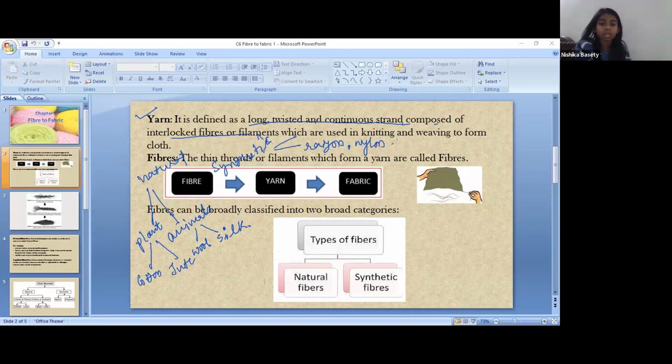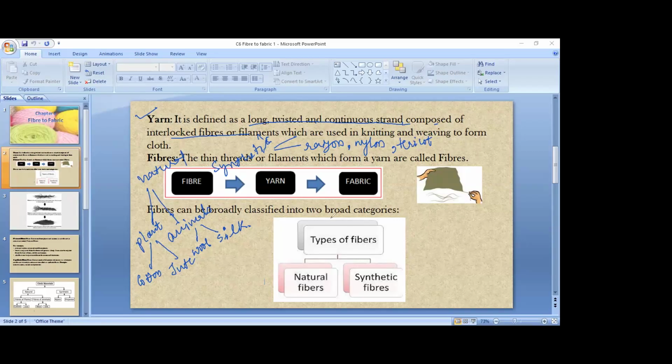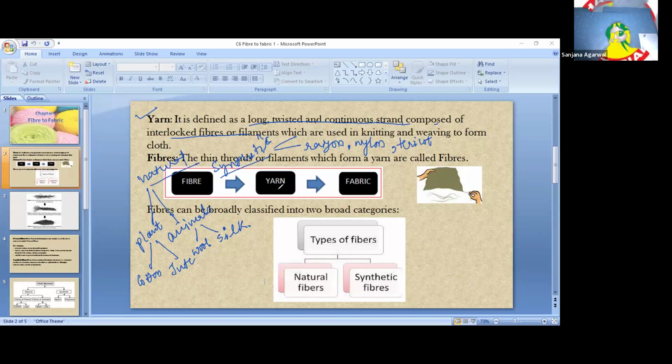Rayon, nylon, also there is terracotta. Any more examples, children? Many synthetic fibers we have. Quickly note this down: the two types of fibers are natural and synthetic, and further you can divide them in these categories.